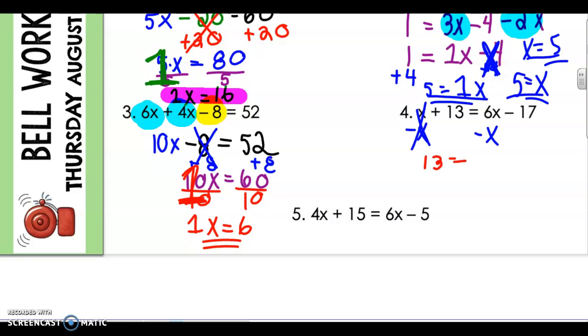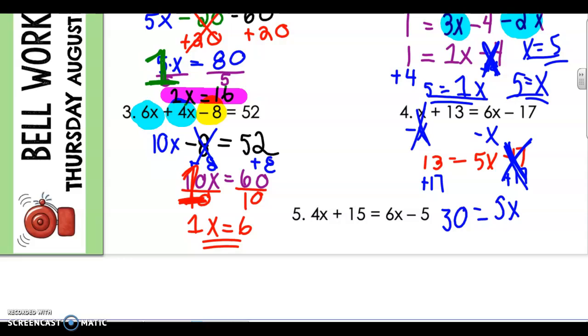13 equals 6x minus 1x is 5x minus 17. We're super close to having x by itself, but this minus 17, I need to move it over. So what's the opposite of subtracting 17? Adding. So we're going to add 17 to both sides. 13 plus 17 is 30 equals 5x, because these cancel out.